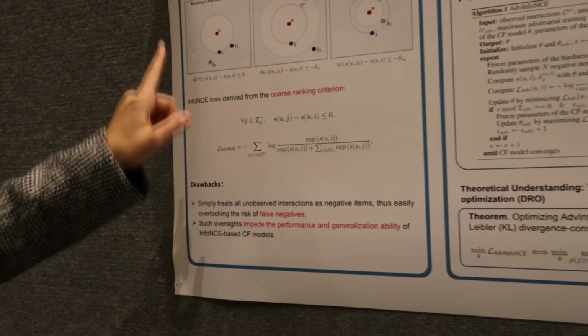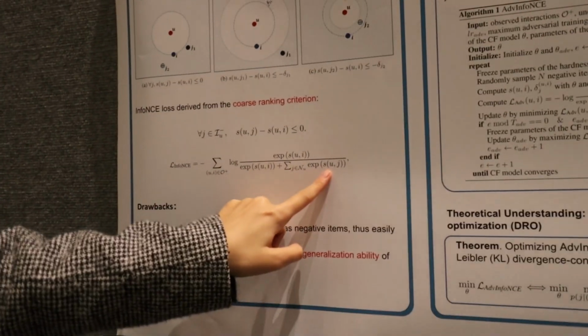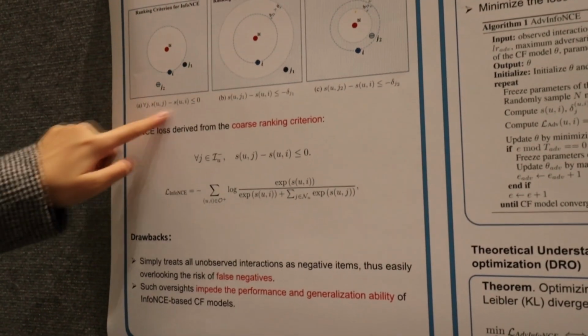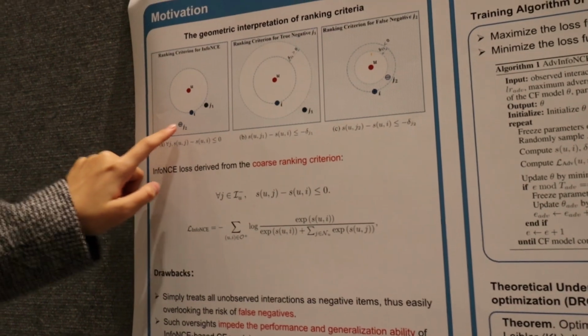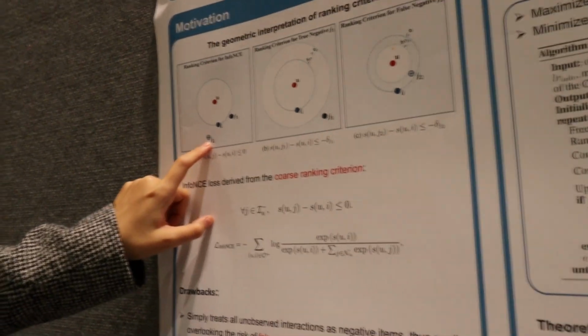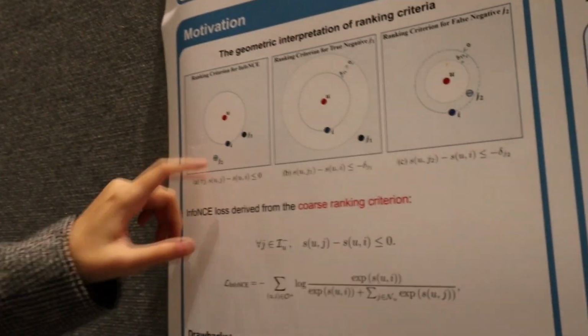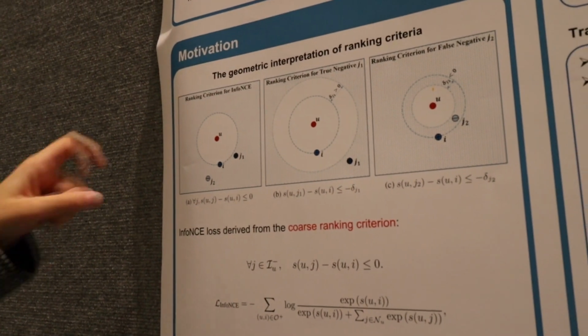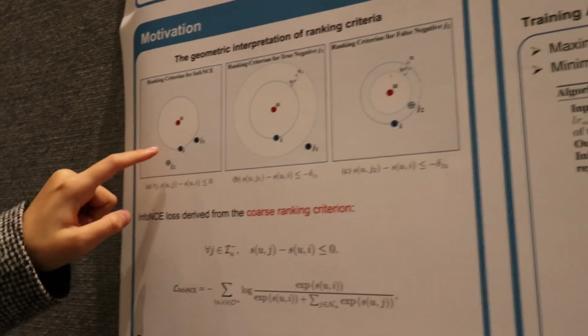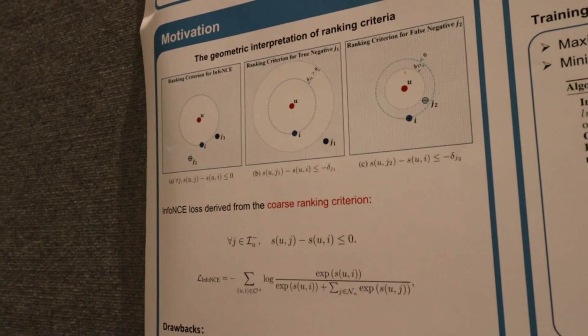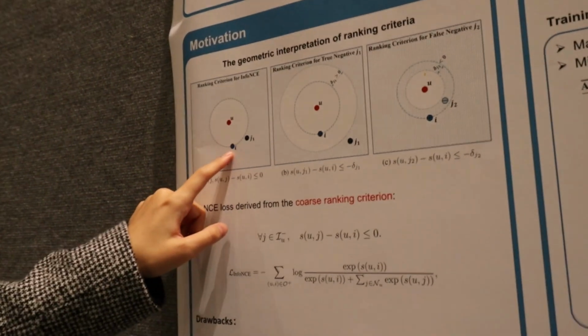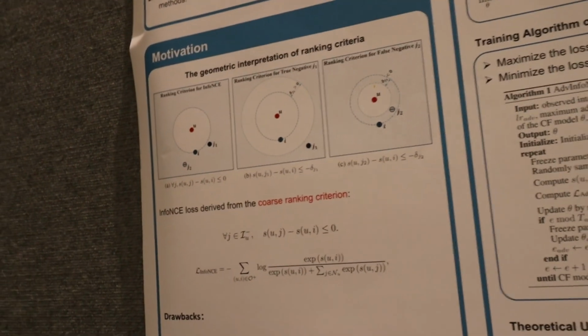For InfoNCE loss, we have multiple negative items J here, and a unified, predefined margin, which means we want J to be far away from the positive one. This is the only constraint.